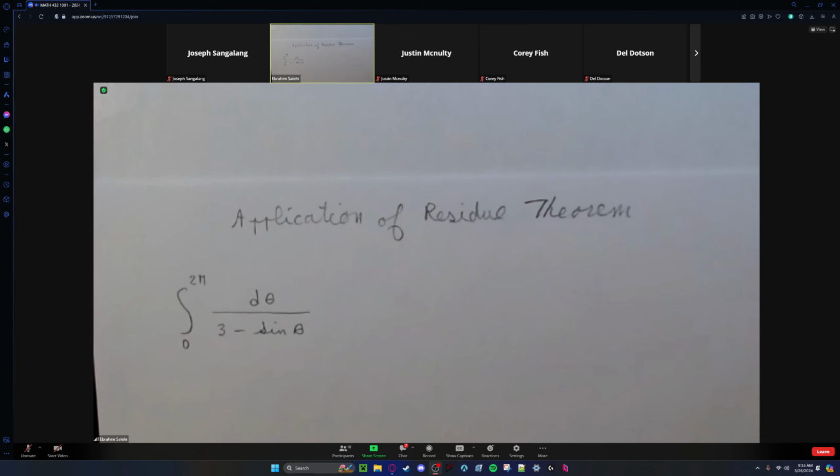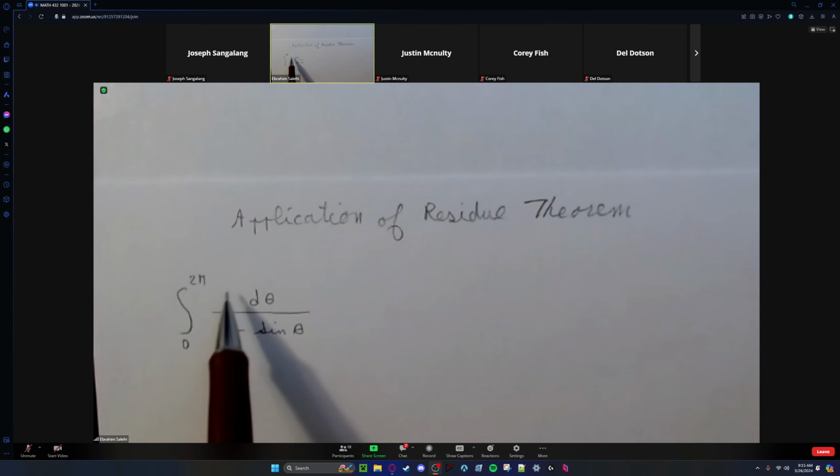Well, when it comes to calculus 2, we look at this function and say, oh, look, this is a beautiful function, because sine of theta is always between 1 and -1. So denominator can never be 0. So this is a nice continuous function we are integrating. So the integral should exist, right?